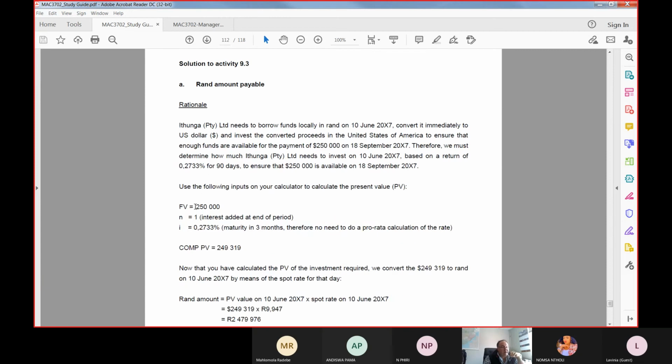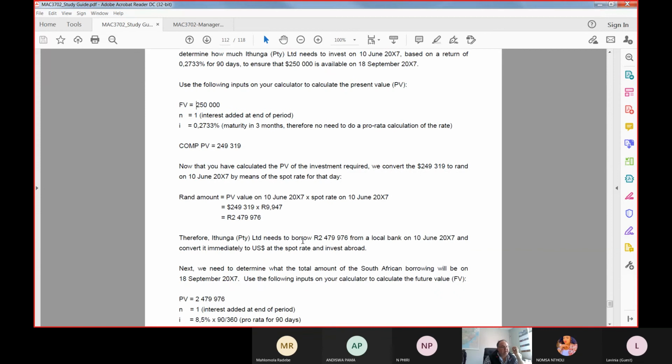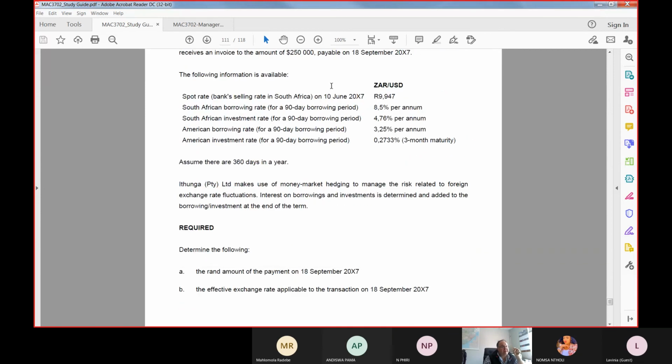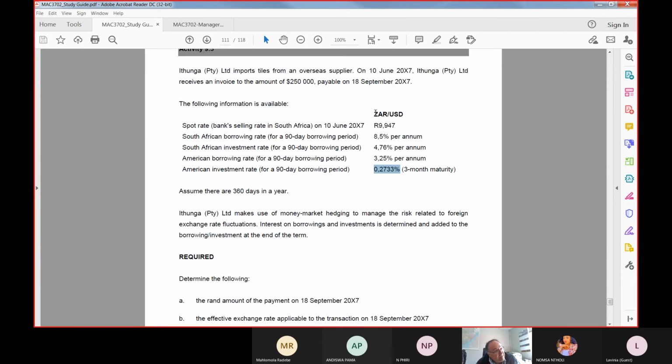So here you have to use the financial calculator because you have to work backwards, bearing in mind that you have taken the $250,000. You have borrowed it from South Africa, taken it out of South Africa and abroad, and you are putting it in a bank there for 90 days at 0.273% to pay them on the 18th of September the $250,000.